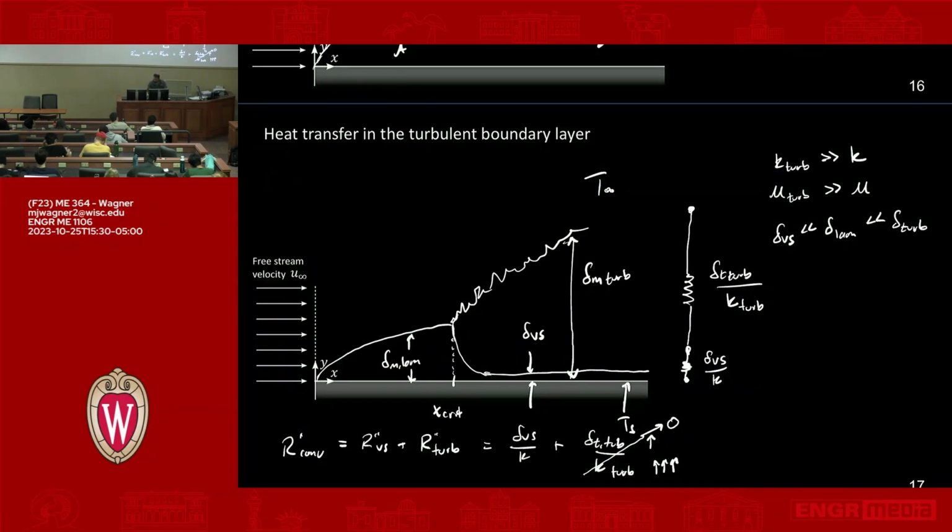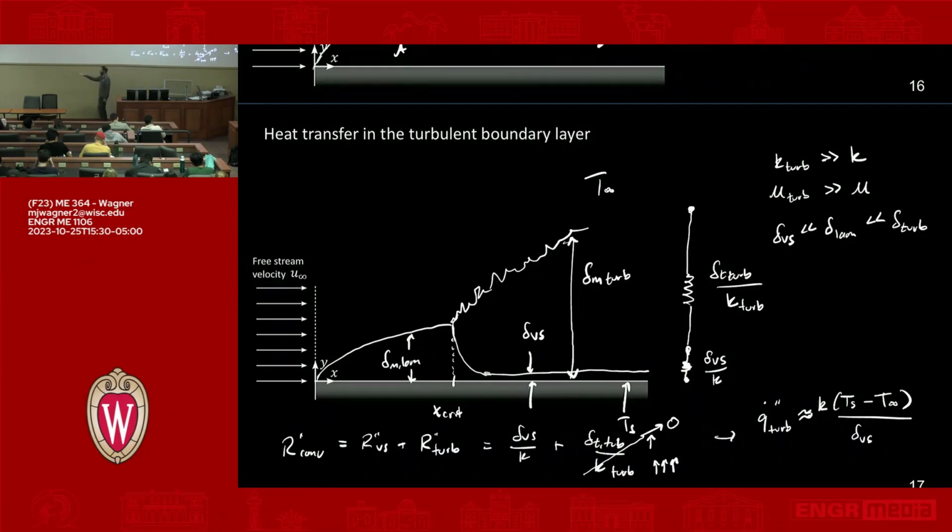If we write all this out, our model is Q dot double prime in the turbulent region equal to the surface temperature minus the free stream temperature, divided by the viscous sublayer thickness over K. This is our approximate model.